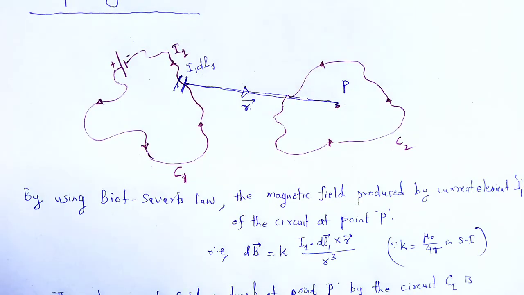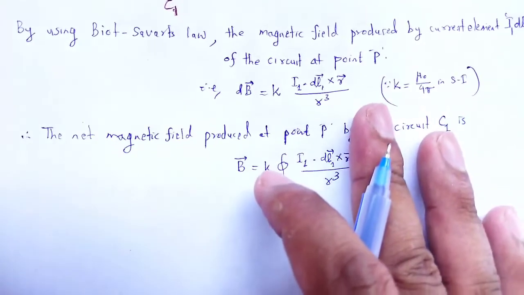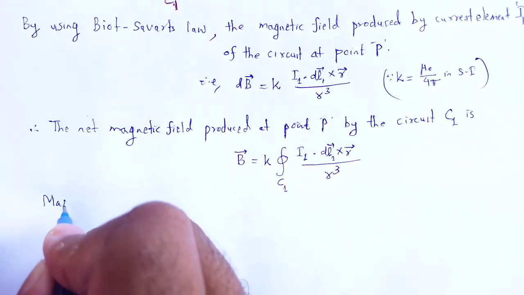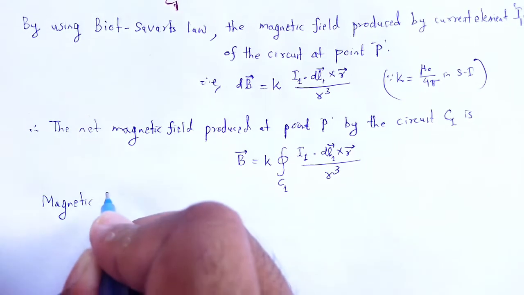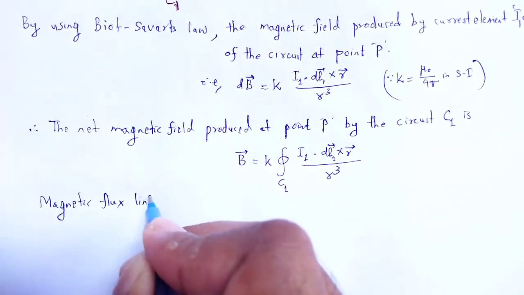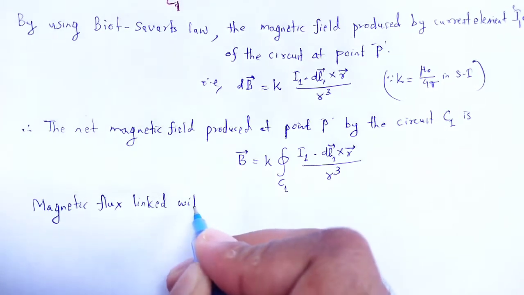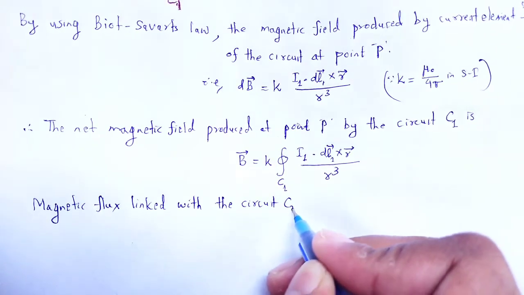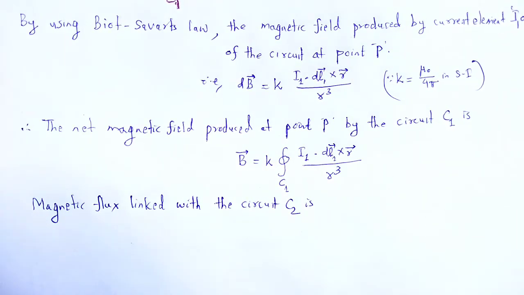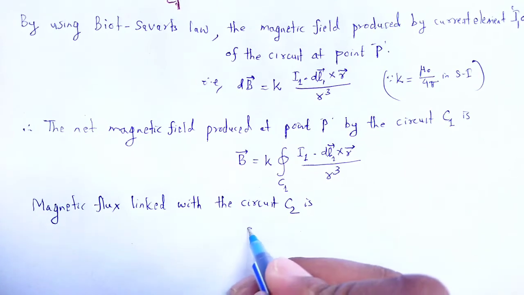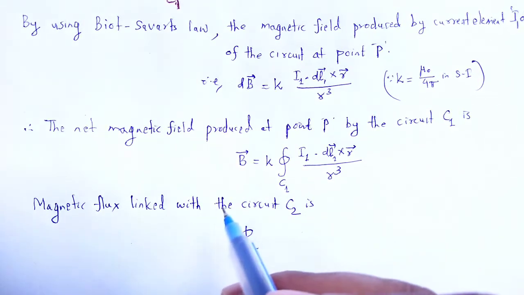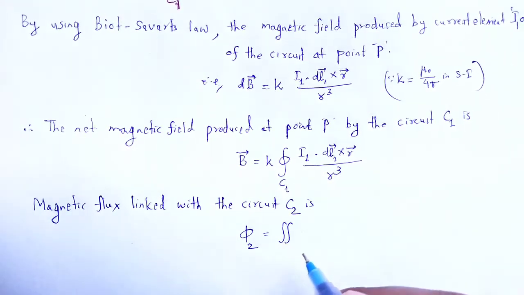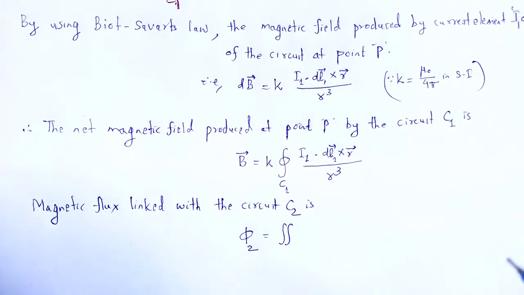So, magnetic flux linked with the circuit C2 is phi 2, which is equal to the surface integral, that is the area integral.